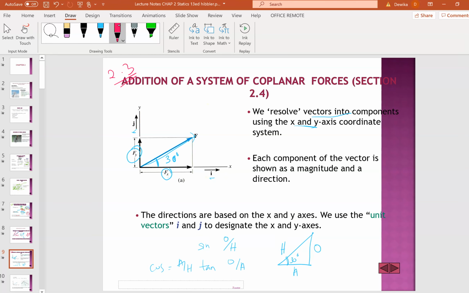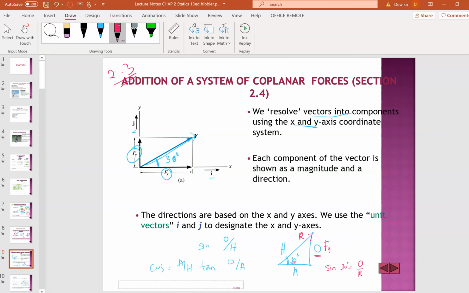Now we have our resultant, which is F up here. How do you represent this 30? Sine 30 is opposite over resultant. What is opposite in this case?